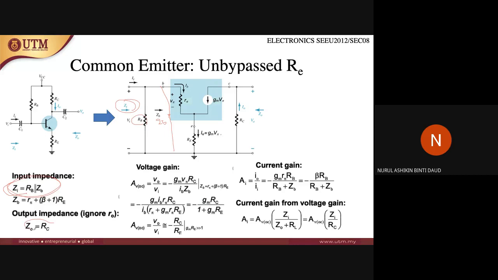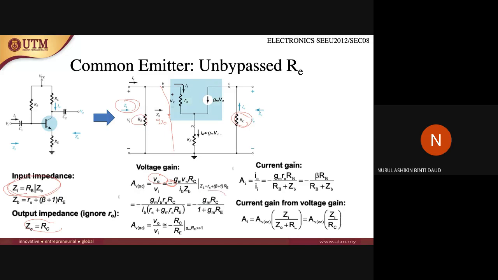The output impedance is the same: the output impedance is always RC because it is in parallel. Then for the voltage gain, there is a phase inversion, so that's why it is minus. Output divided by input, rearrange, and you get the voltage gain.